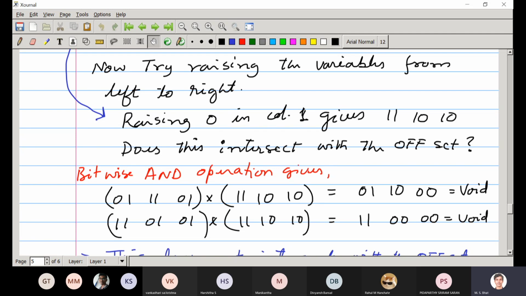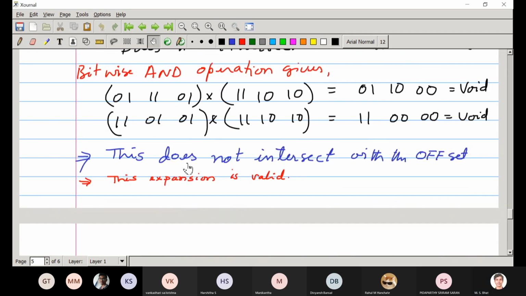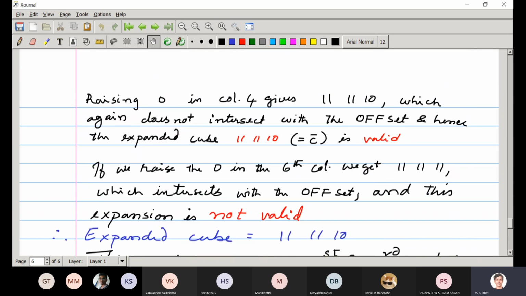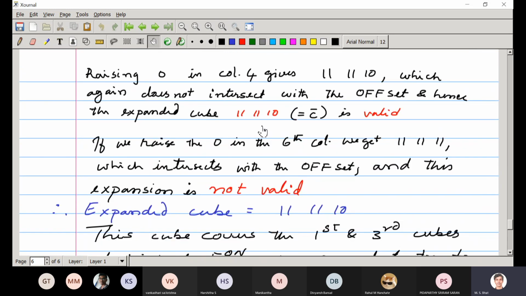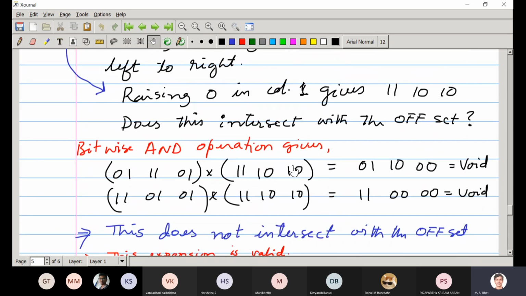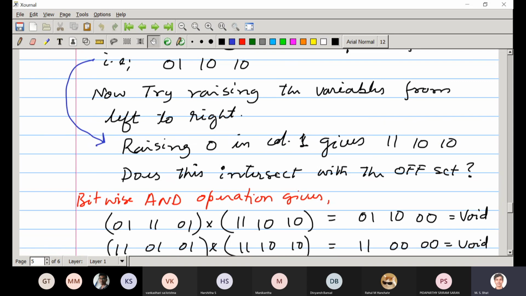So this expansion is valid. Now we still have B bar C bar. We can raise B bar to don't care, that is, we can make 1 1 1 1 1 0.